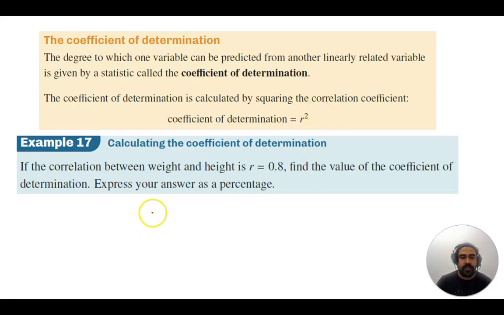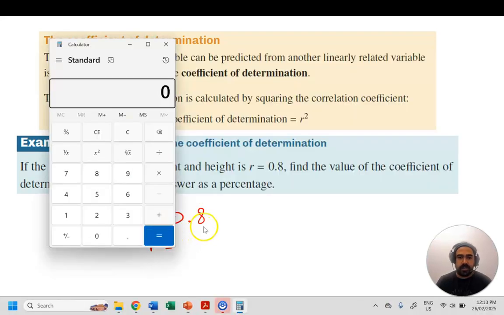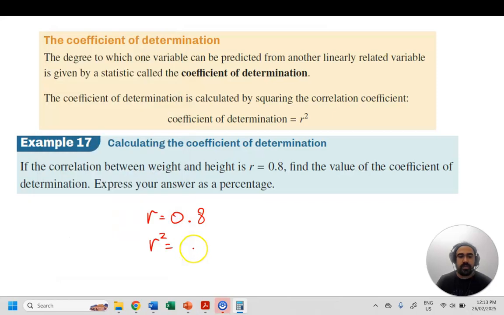This is really simple. If our R is equal to 0.8, all we are doing is grabbing our R value and squaring it. So grab your calculators out, and we are going to do 0.8 squared, and this is equal to 0.64.